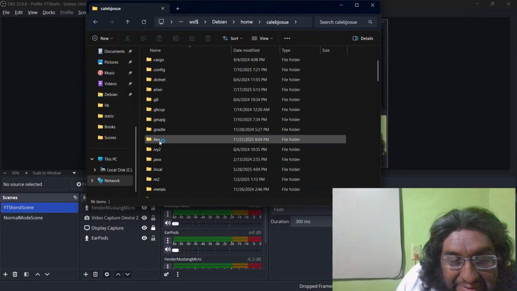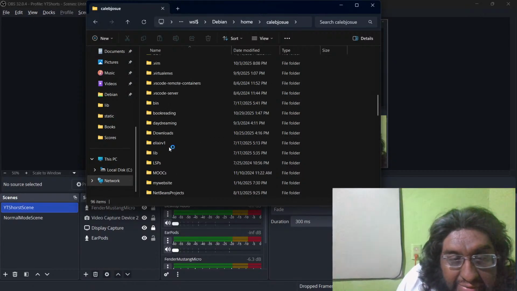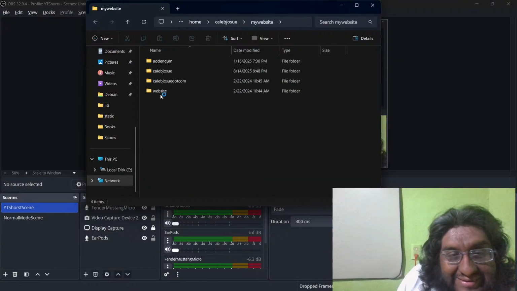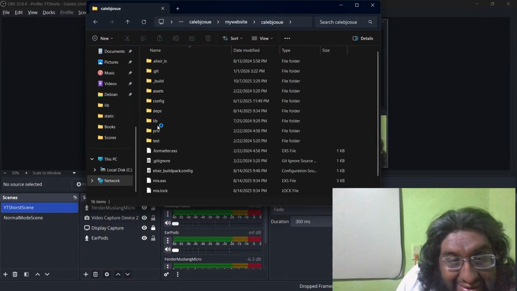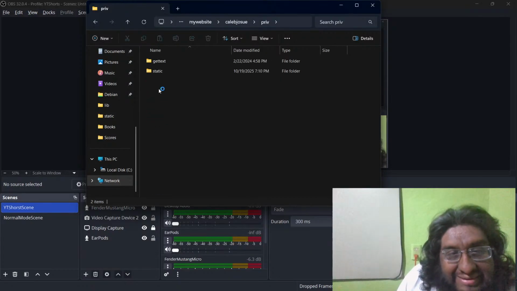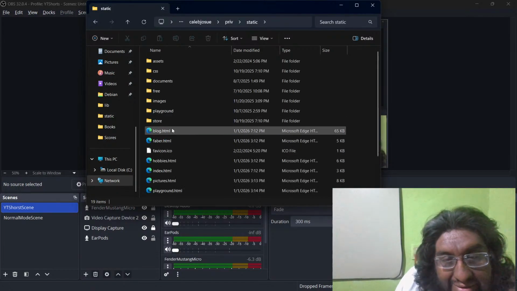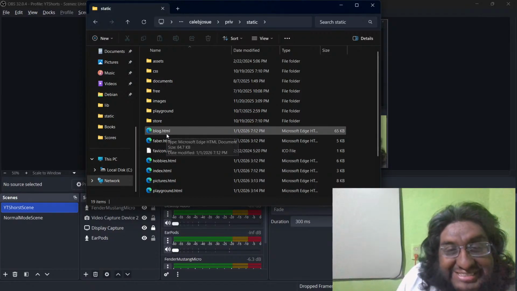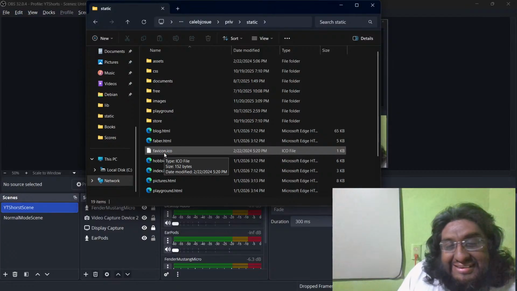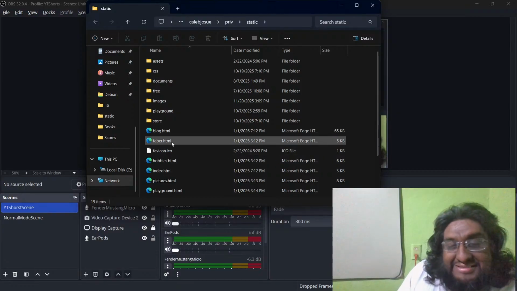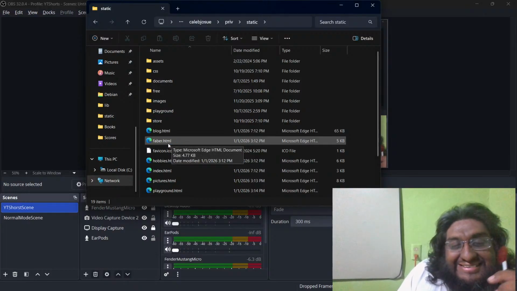Okay, what are we doing here? On my website, I would like to take the Elixir version, even if this application is not an Elixir application, but it's running as an Elixir application.